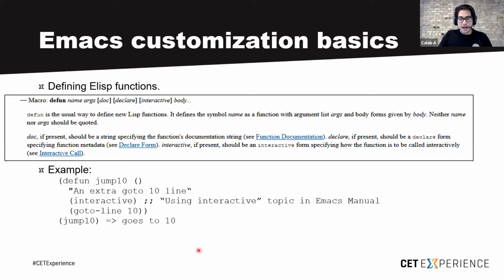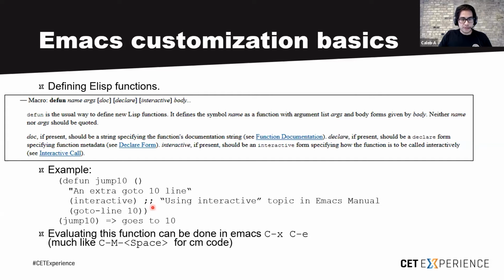After I define the function in an el file, I want to load it into Emacs. You can evaluate this by putting your cursor after the last parenthesis of the defun and then executing Control-X, Control-E.